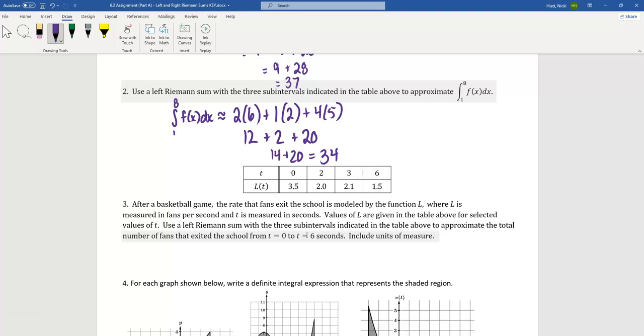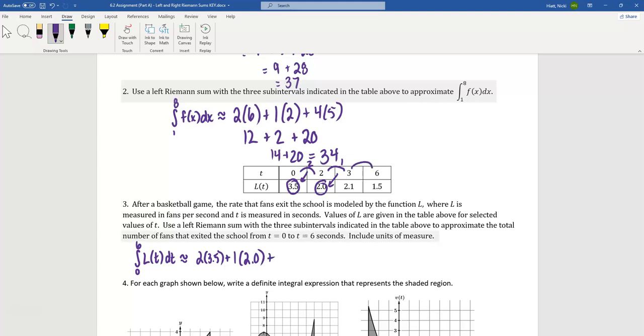So I'm going to write an integral expression for this. We are doing the integral from 0 to 6 of capital L of T dt, and I'm going to use a squiggly equal sign. And they said to use a left Riemann sum here. So you're going to do 2, and then you're going to multiply by the 3.5. Then we will have the distance from 2 to 3 is 1. Multiply that by 2.0.